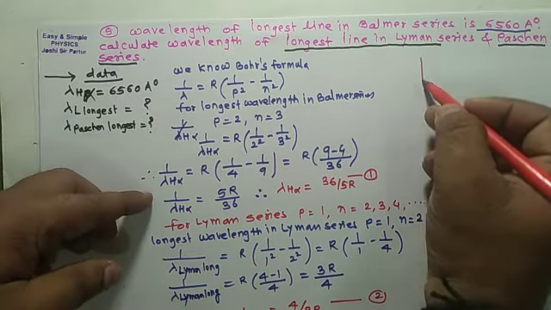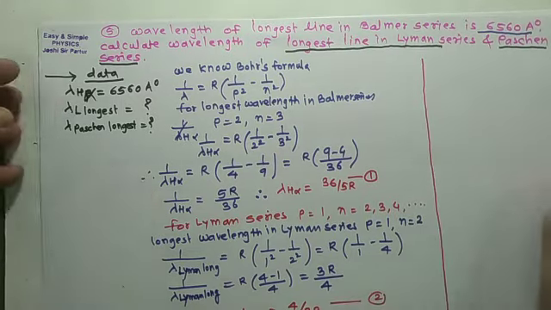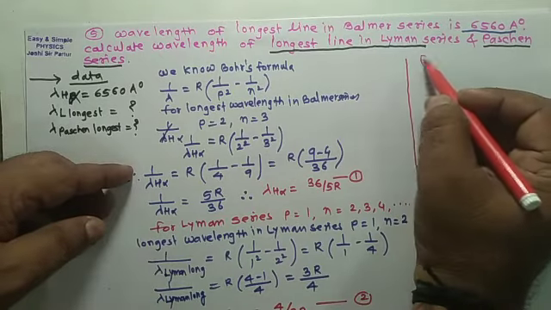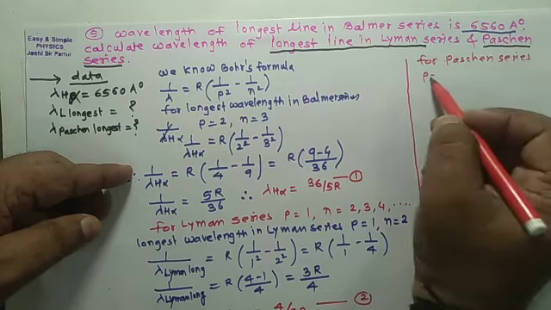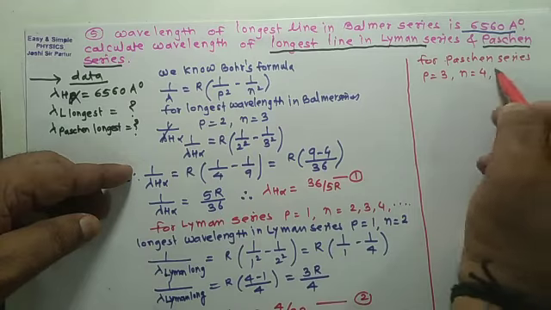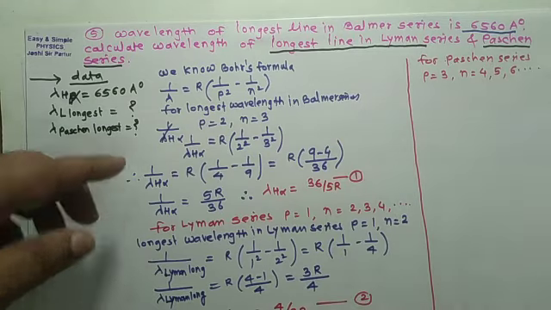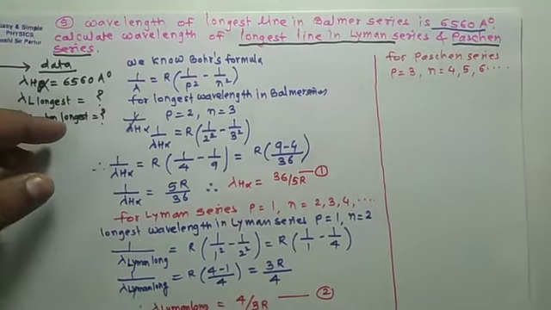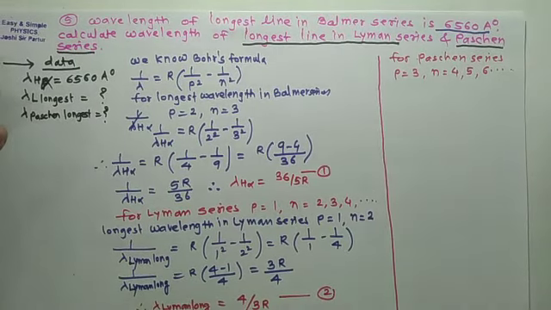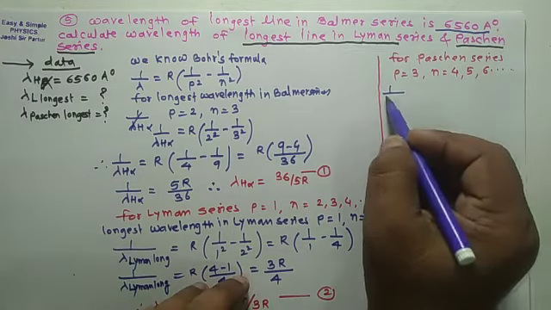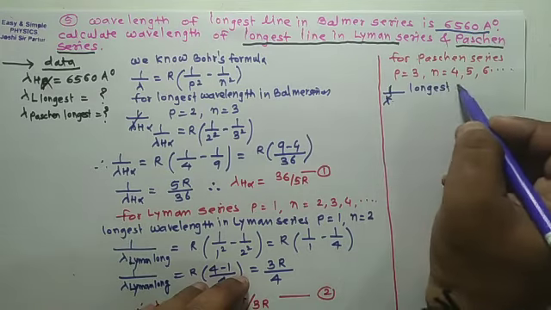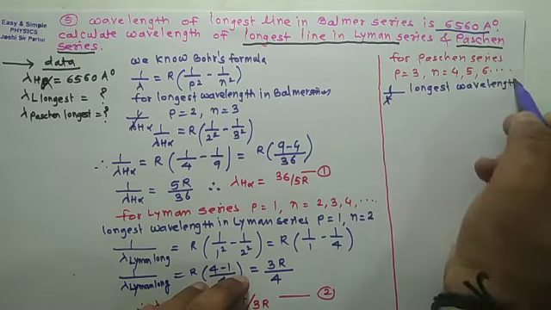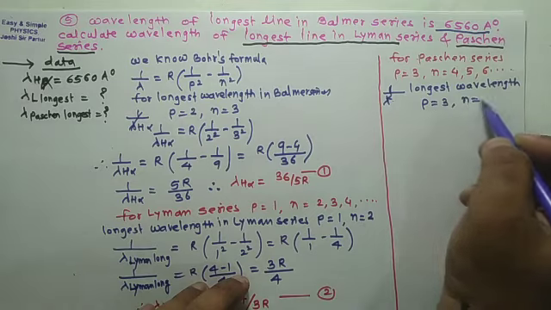Now for Paschen series, p equal to 3, n equal to 4, 5, 6, and so on. For the longest wavelength, p equal to 3, n equal to 4.